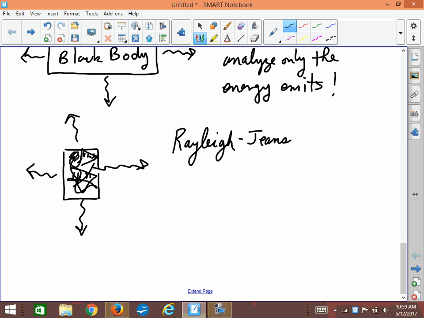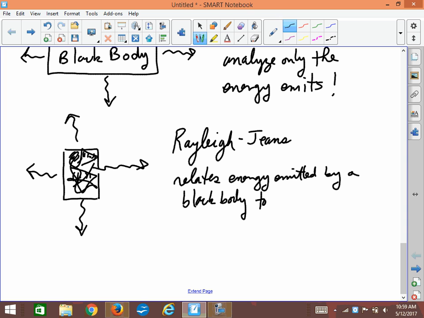So the Rayleigh-Jeans law relates the energy emitted by a black body to its temperature. So it kind of makes sense, right?